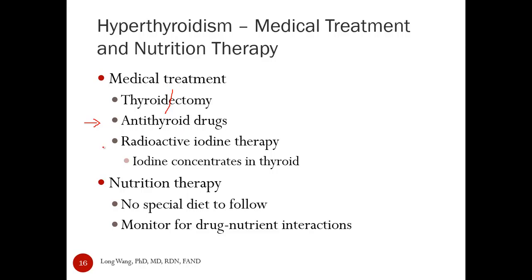Or we can use radioactive iodine therapy. We inject radioactive iodine into the patient's system, and because iodine is a required raw material for thyroid hormone synthesis, once inside the body it will concentrate in the thyroid. Therefore, it will have a minimal effect on other tissue.